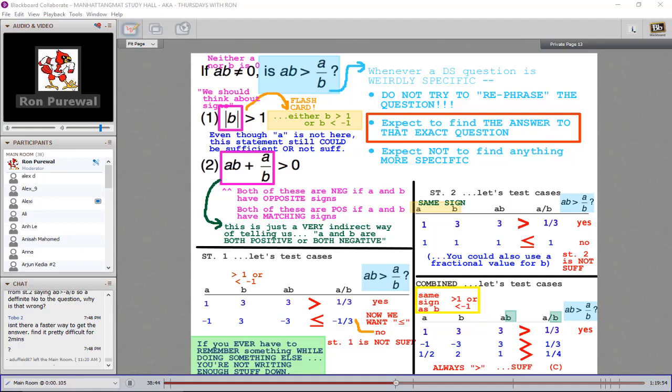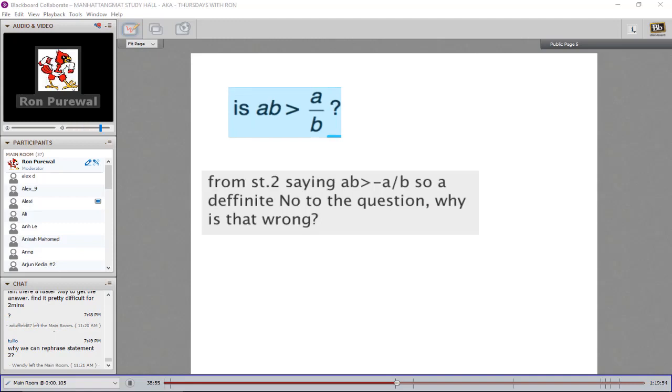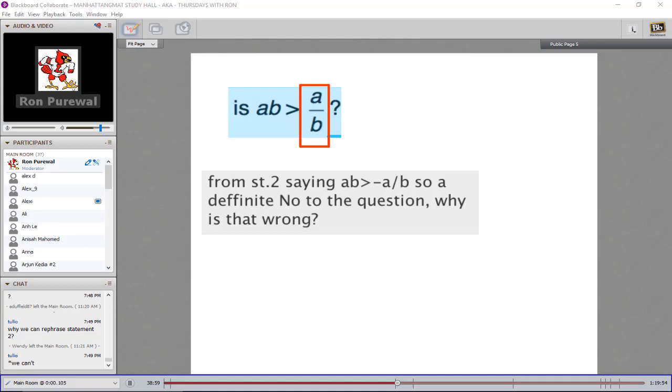The question was this. This was the question. And these are two completely different things. So, I mean, this is not the same as this. So it's not a definite no to the question.